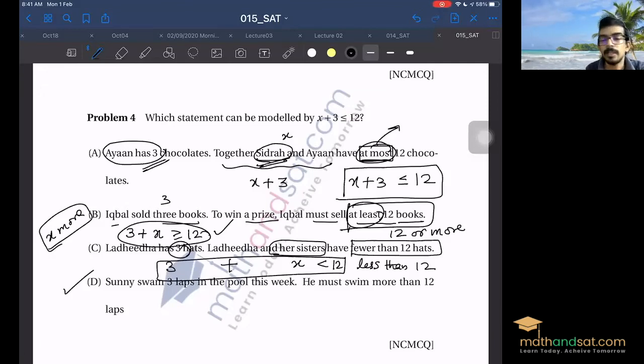So what inequality represents this statement? Others, please let me know. Think.